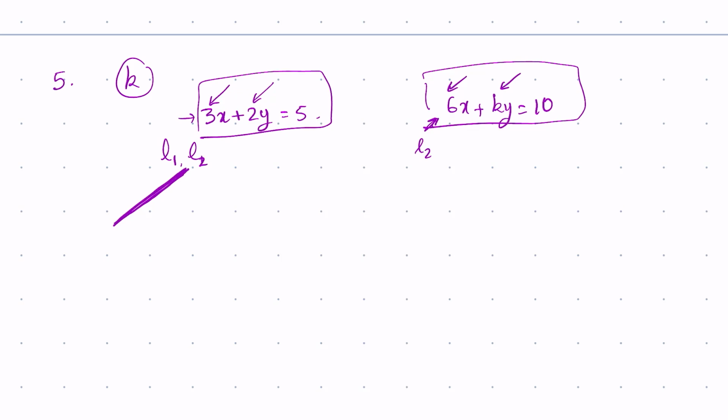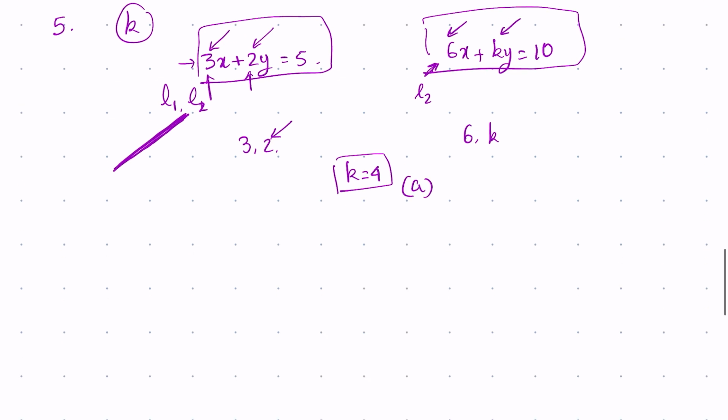So obviously these coefficients need to be the same. So 3 and 2 you have in the first equation, next you have 6 and k. So k is nothing but twice of whatever this is. So k is equal to 4, which is just option number A.